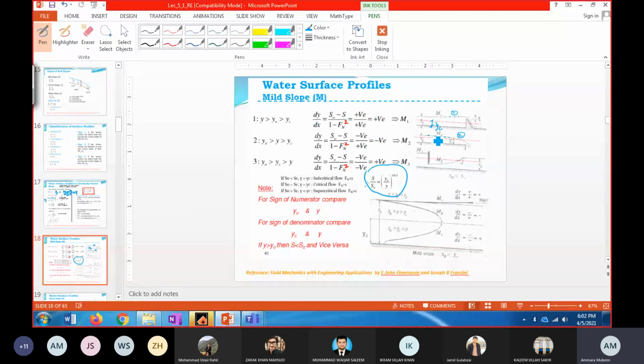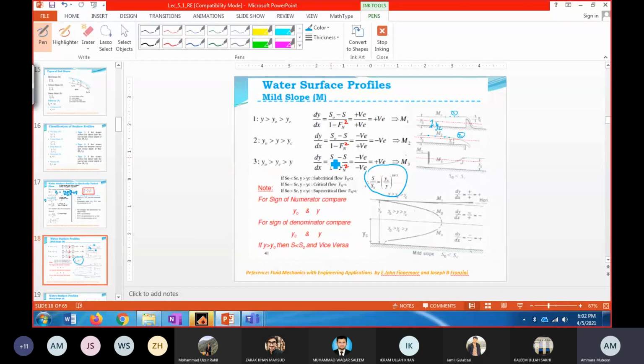So you can say that with increase in distance, the depth decreases in the M2 surface profile. This is how you can sketch the water surface profile using the governing equation.